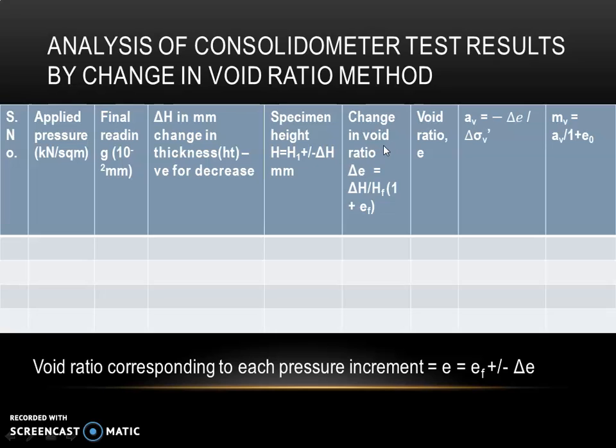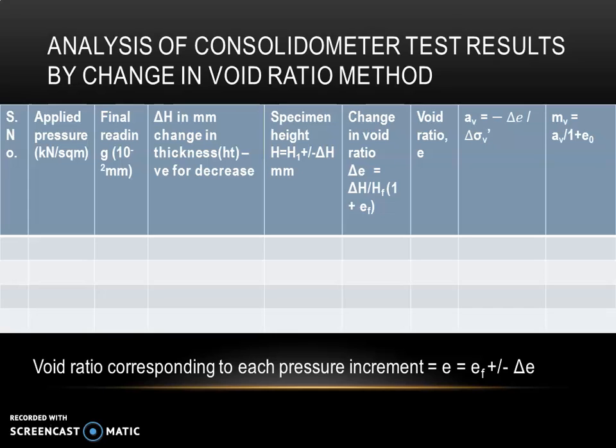Next we need to find change in void ratio, that is delta E is equal to change in height of the soil sample divided by final height into 1 plus EF. EF is the final void ratio. Next we need to find void ratio E, and AV is equal to minus delta E, that is change in void ratio, divided by change in vertical stress, that is effective stress.